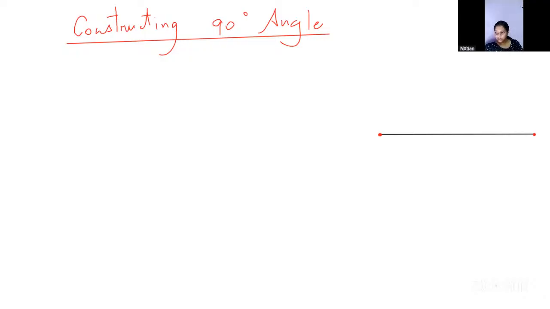So first draw a line, all of you. A, B, you can name it anything. Okay, I'm naming it AB. Now, after this, what we will do? Take your compass. Show me your compass, everybody, in your hands. Okay, I can see Joshua's compass.